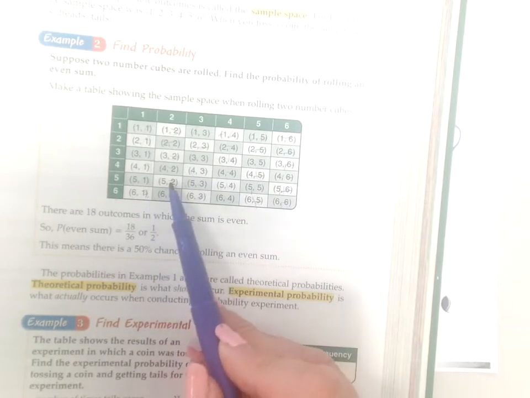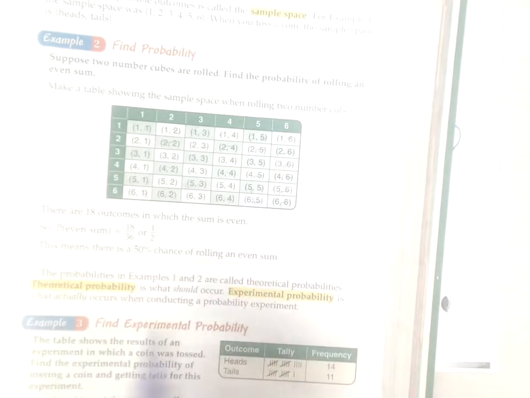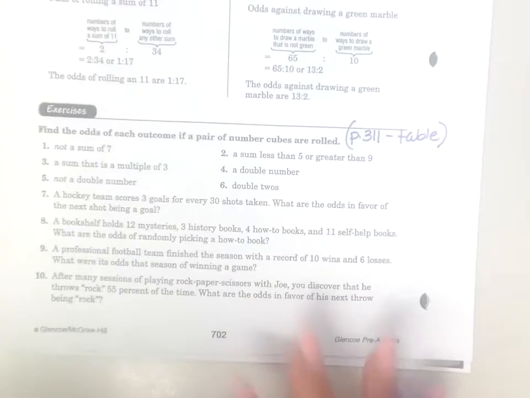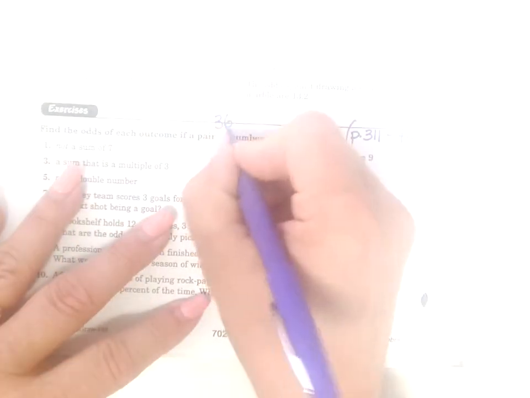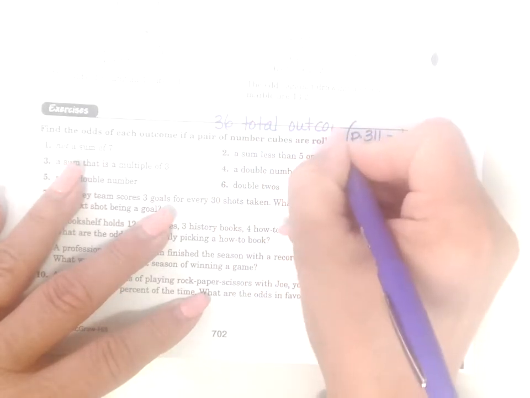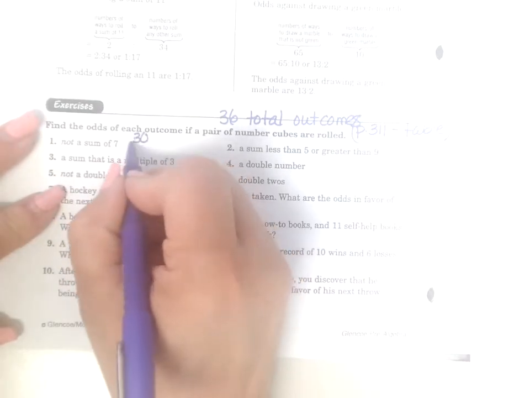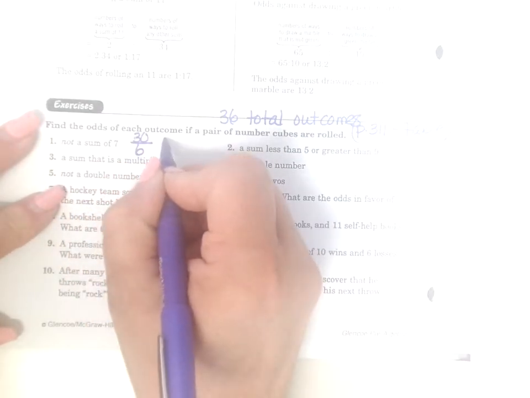So there's 1, 2, 3, 4, 5, 6 ways to get a sum of 7. In that chart, there are 36 total outcomes, because it's 6 by 6. So there are 30 ways to not get a sum of 7 and 6 ways to get a sum of 7. So that would be a 5 to 1, or you can do it with the colon.